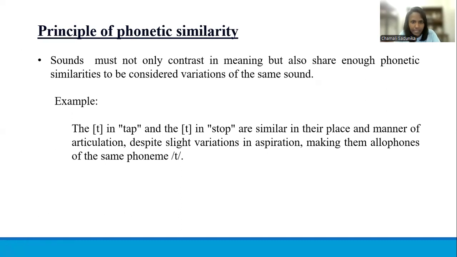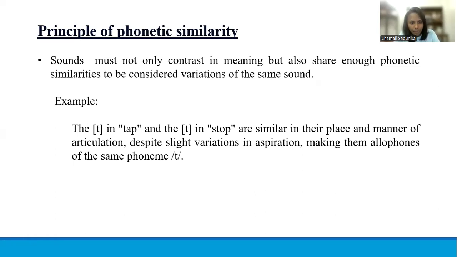Principle of phonetic similarity: here we identify sounds that are similar in their phonetic features. Sounds must not only be in complementary distribution, but also share enough phonetic similarity to be considered variations of the same sound.